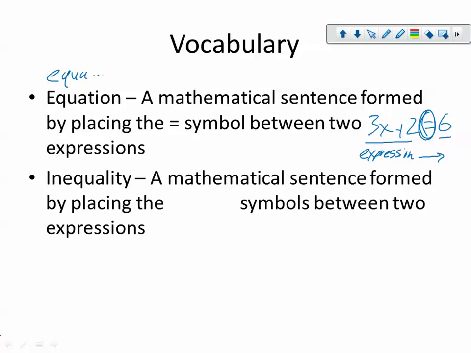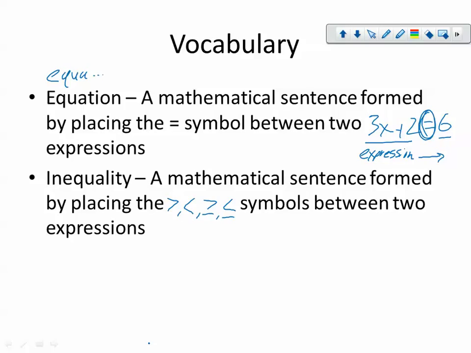An inequality is a mathematical sentence formed by placing these symbols, that is your greater than, less than, greater than or equal to, or less than or equal to, between two expressions.